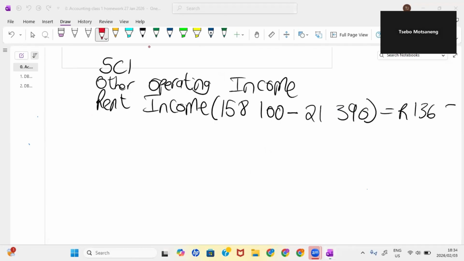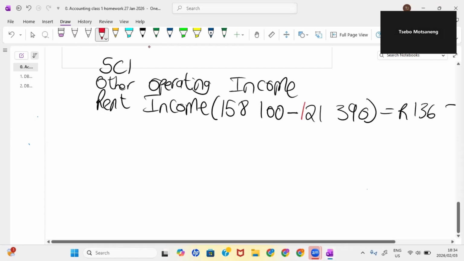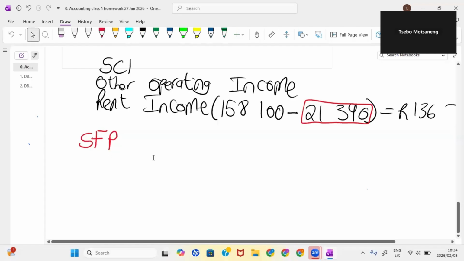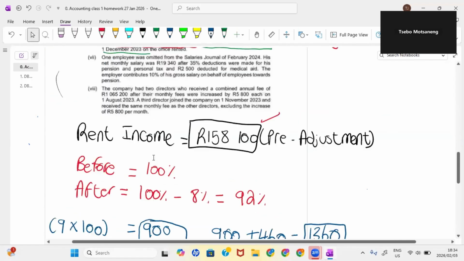So the 21,390 also goes to the statement of financial position. Remember that this is income received in advance, so this is a current liability.